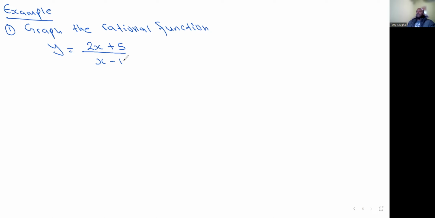This is a rational function because it's a ratio of polynomials. A rational function is of the form p of x divided by q of x plus d, and you can see that in this example d is 0. So it's fine. So let's go.